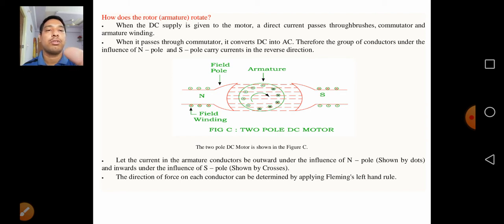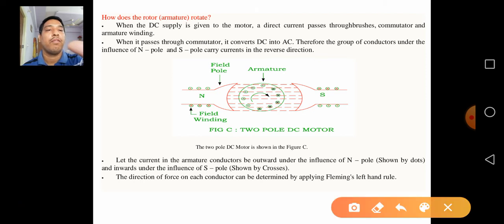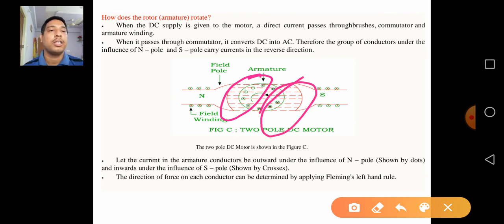Here I have shown two different notations on the armature conductor. There is a dot portion and there is a cross mark. What are they representing, dot and cross? Dot is nothing but, let the armature current be outward under the influence of the north pole, as shown in the figure.